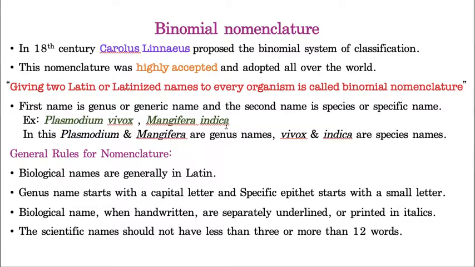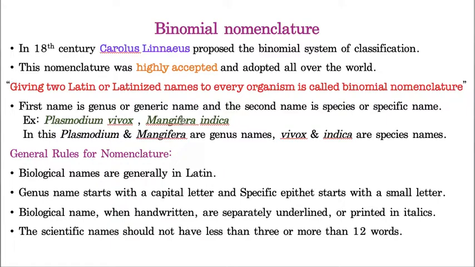But after listening to these examples, every student will get one doubt: what are these two names? This is a very important question. In the given examples, Plasmodium, that means the first name, and in the second example, the first name is Mangifera. So Plasmodium and Mangifera are both called genus names.